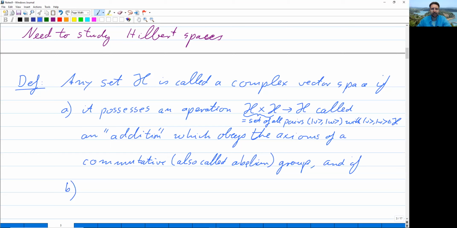A group has an operation, in this case it is called an addition, which is associative, and we want an inverse, and we want a neutral element. And in this case also commutativity. It's quite common that commutative groups are called additions, or that the operation of a commutative group is called an addition.